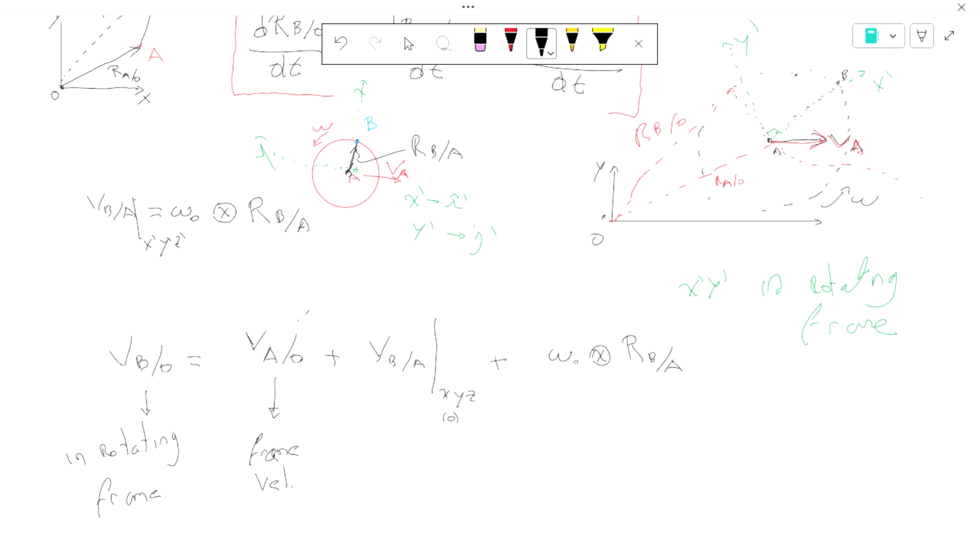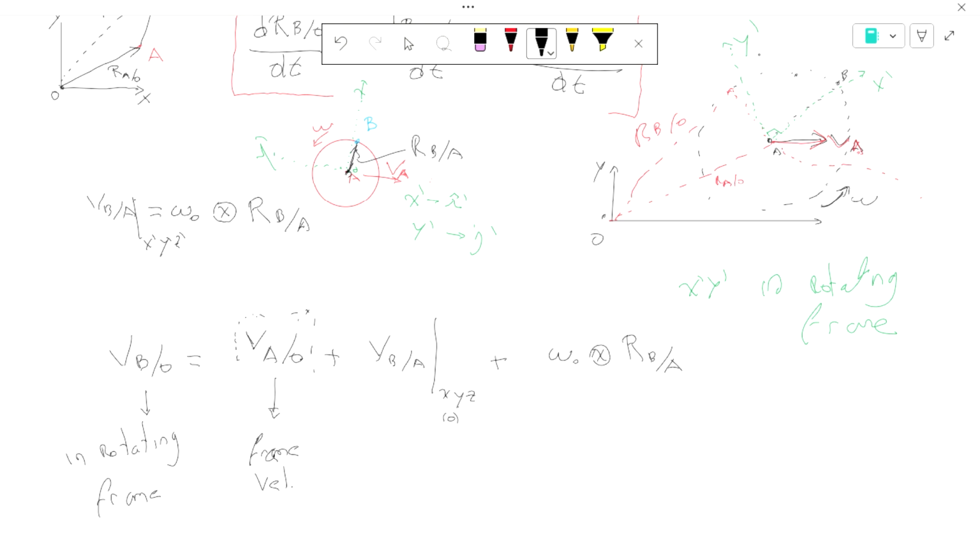So the velocity of the particle B, which is rotating in a certain path, is computed with the velocity of the frame itself, because remember this point A is the origin of our relative reference frame, x prime, y prime, and that is right here, plus the velocity of the particle B with respect to the absolute frame, plus its rotation at a velocity omega.